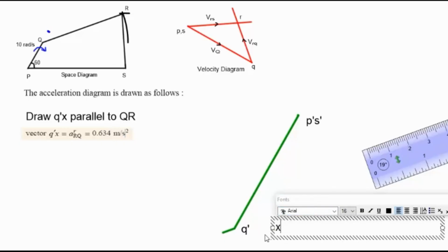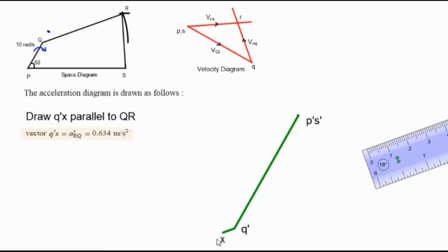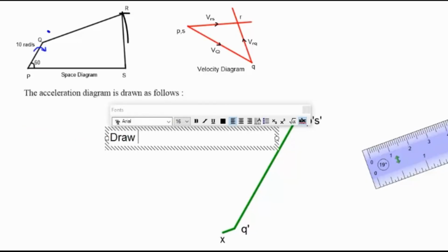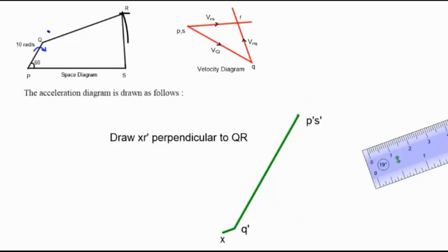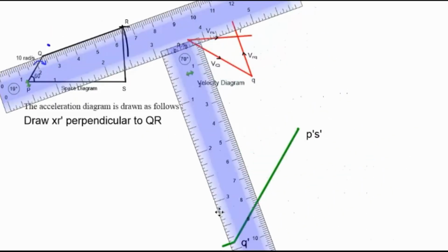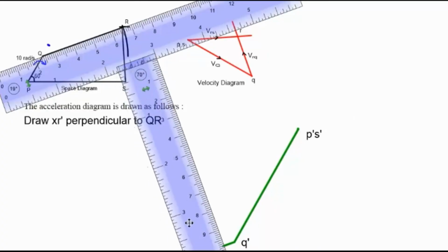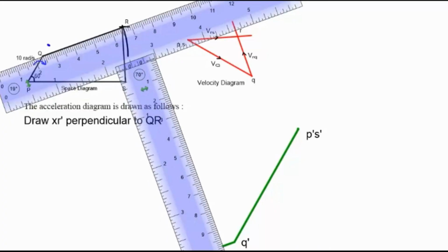So what we can do is draw a perpendicular line of some arbitrary length. We know that the tangential component will always be perpendicular to its radial component, so simply draw a perpendicular line. We do not know the exact magnitude yet.